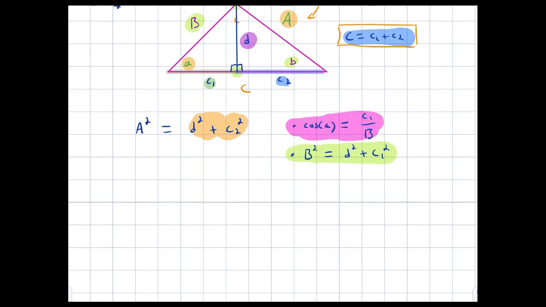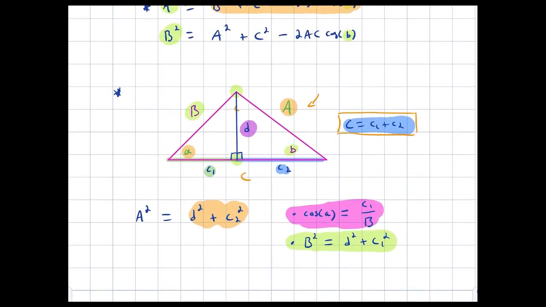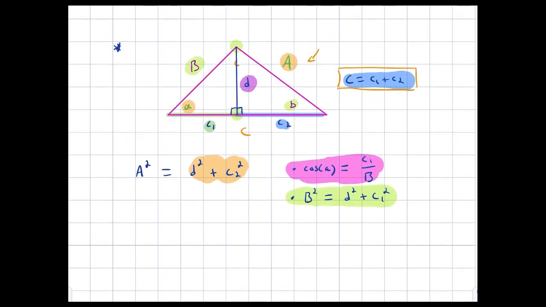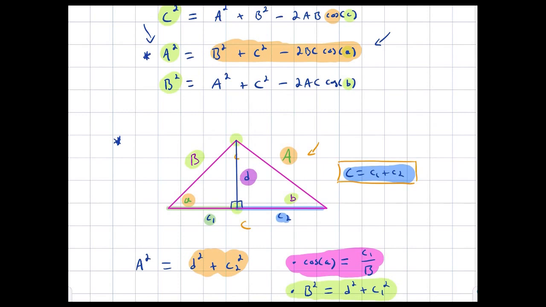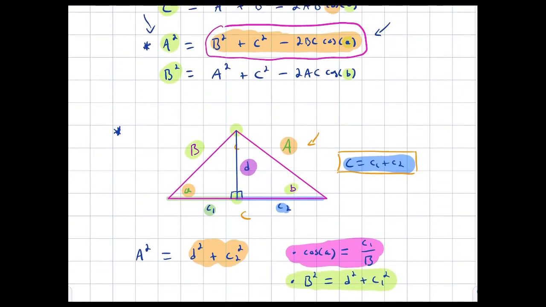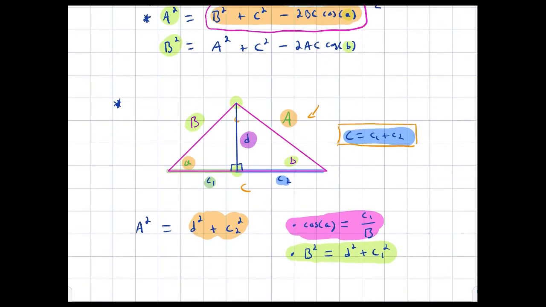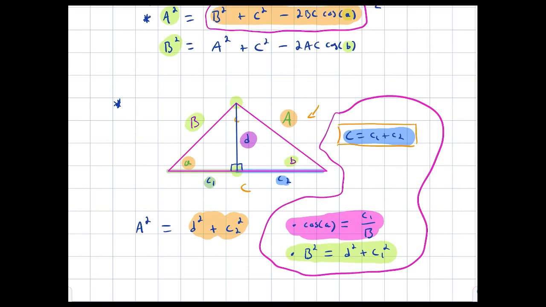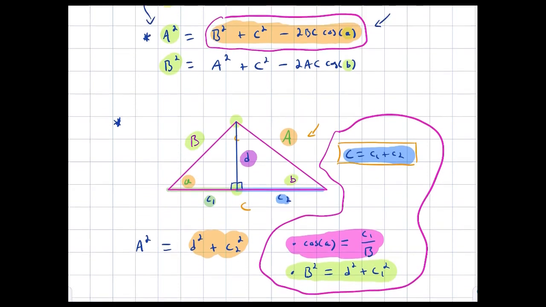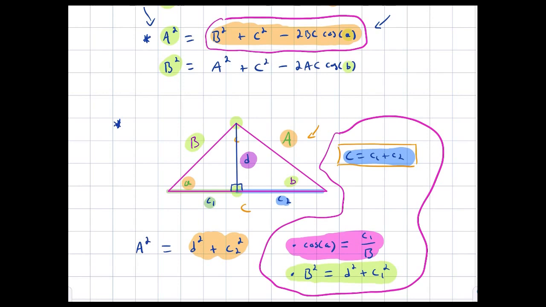So now what I'm going to do is take the right side of this thing. I'm going to take this stuff and substitute in the values that I've come up with over here. Over here, I have the cosine of A in terms of C1 and B. I have B squared in terms of D squared, which allows me to link it to this thing over here.